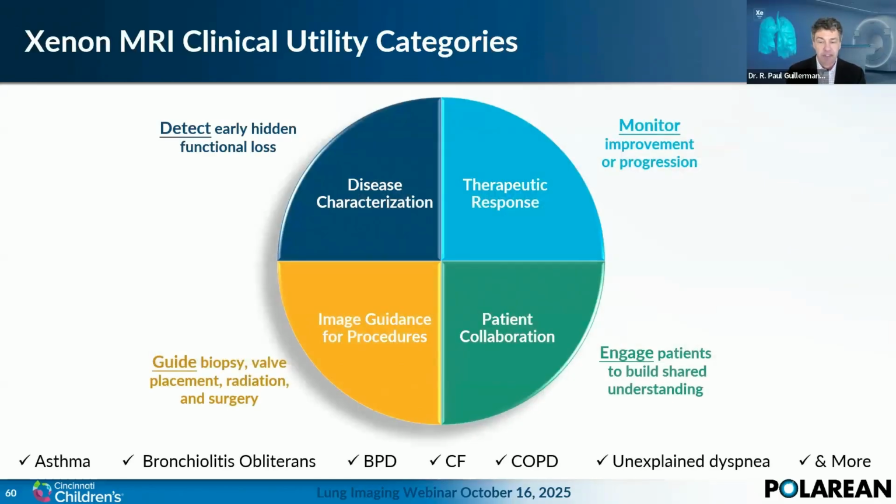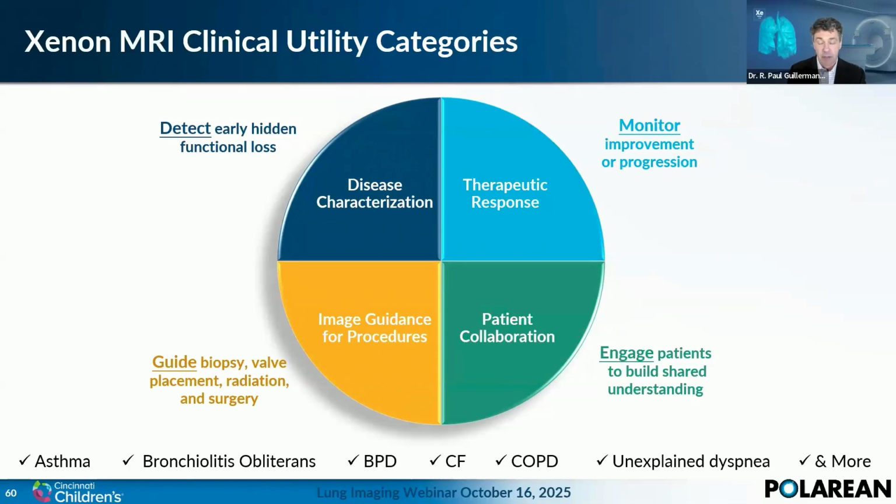Okay, so in terms of disease categorization, I showed you in cases here, particularly bronchiolitis obliterans, where it may be more sensitive than conventional pulmonary function testing for early disease. At the same time, it's a way to monitor progression of the disease or therapeutic response without using ionizing radiation.